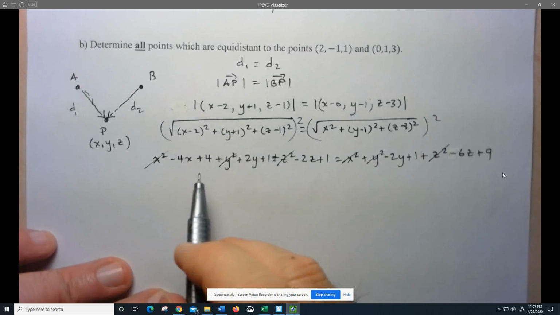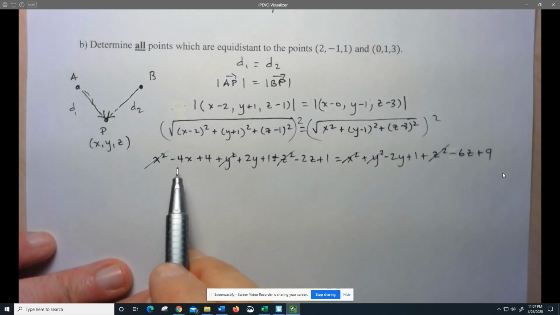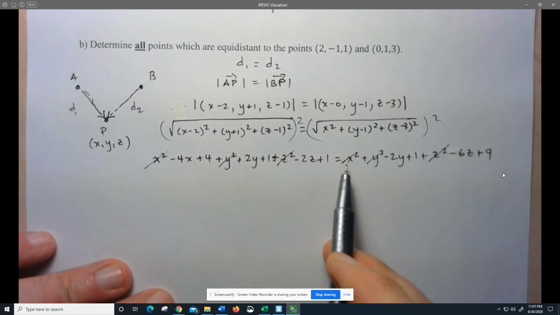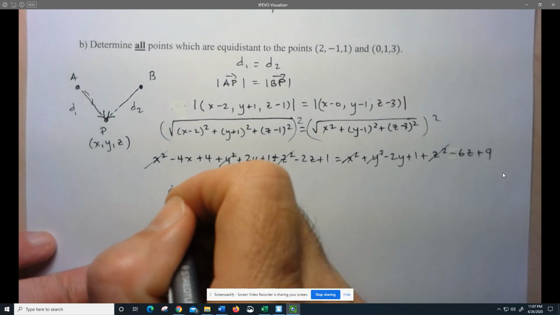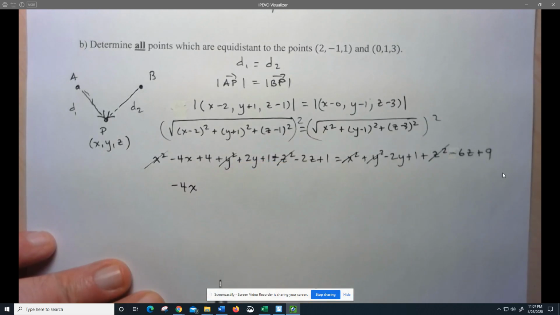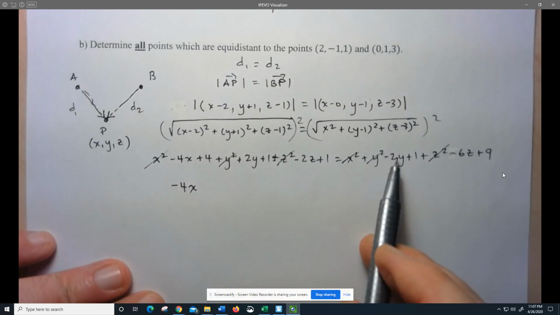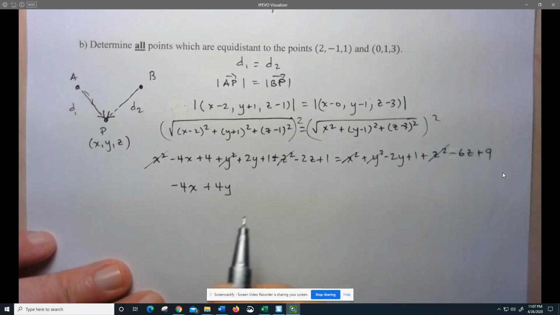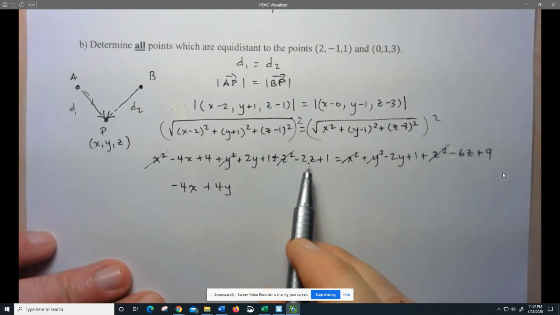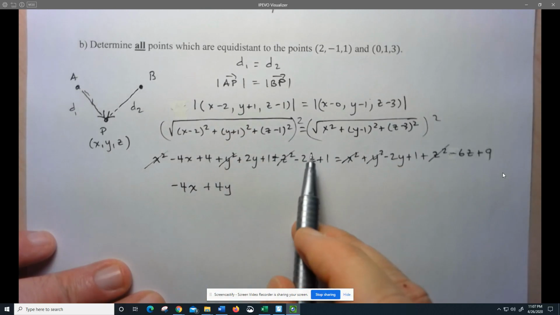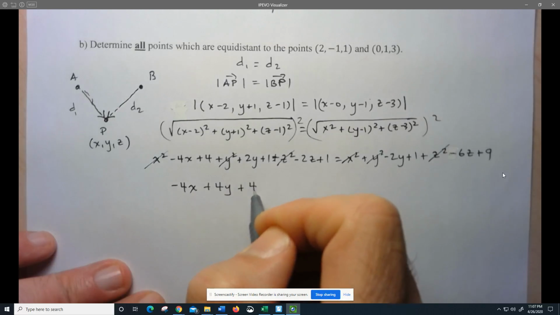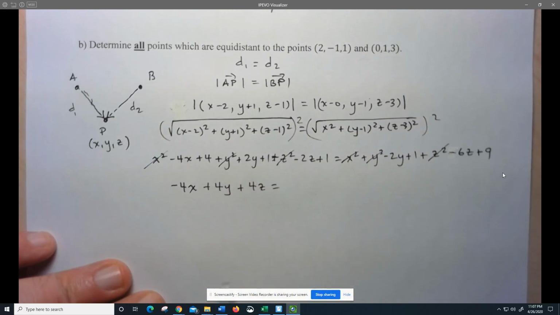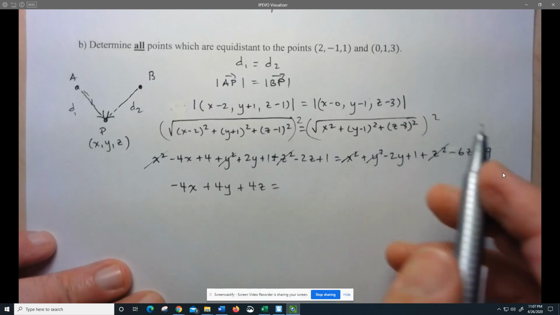So let's collect all the variables to one side. So it looks like we have negative 4x, no other x here, so negative 4x. But here we have 2y plus 2y, that'll be plus 4y. Here we've got negative 2z plus 6z, so plus 4z equals, so what do we have on the right-hand side? 9 plus 1 is 10.